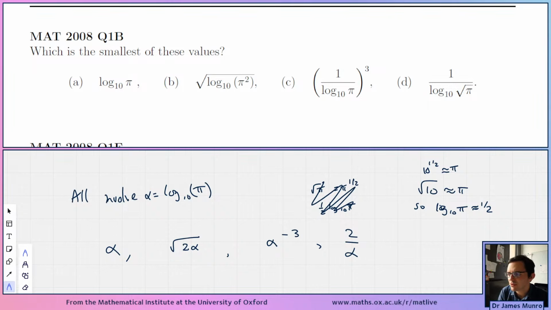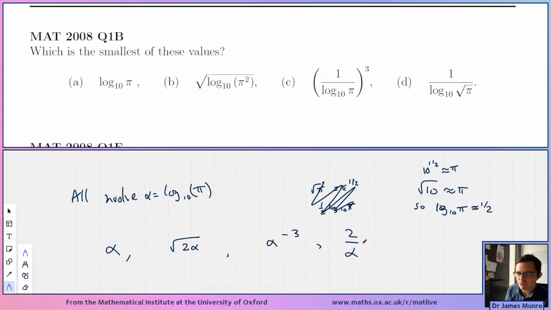So I think if this is about 1/2, then they're about 4, 8, 1, and 1/2. So I think it's this one as the smallest, option A. But I want to try and make that more precise. If I had to answer this multiple choice question right now, I think I would go A, just because, roughly speaking, they seem to be about 1/2, 1, 8, 4.